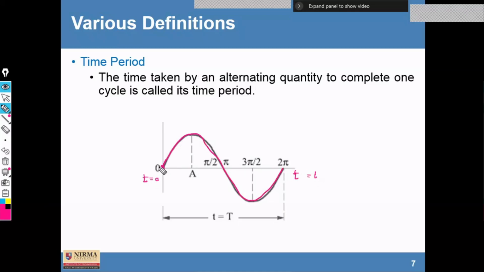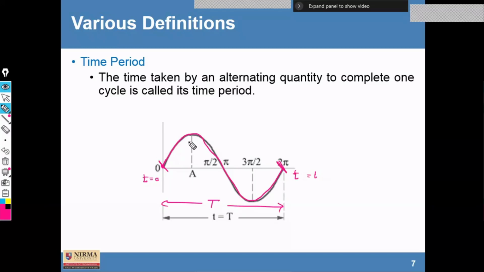So from here to here is the time taken by an alternating quantity to complete one cycle. Again, I repeat, the time taken by an alternating quantity to complete one cycle is called its time period. And time period is always represented with capital T.